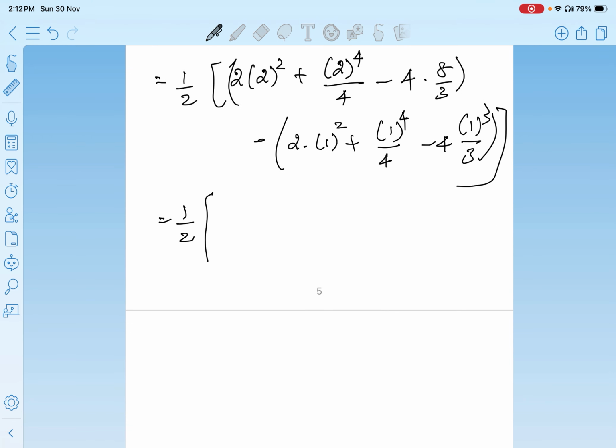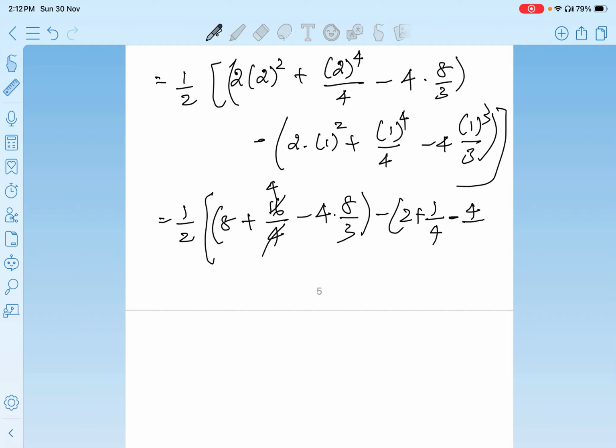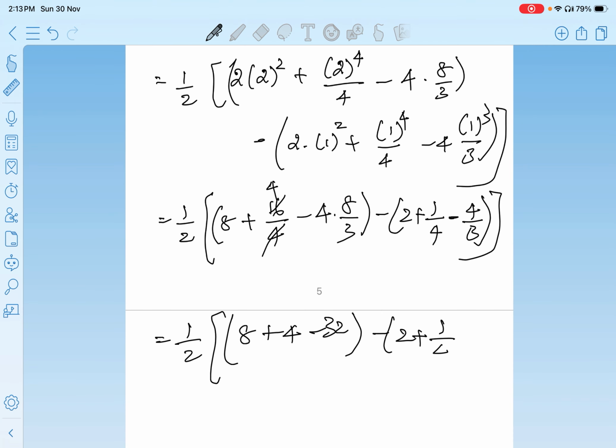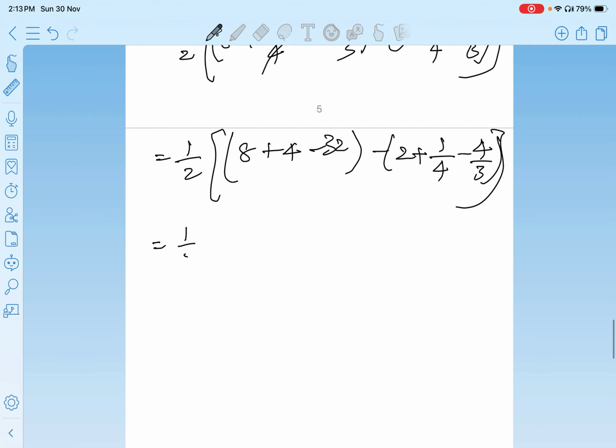That is 1 by 2 of 8 plus 16 by 4 minus 4 into 8 by 3, minus 2 plus 1 by 4 minus 4 by 3. These steps you can solve. It is a very easy, common step.